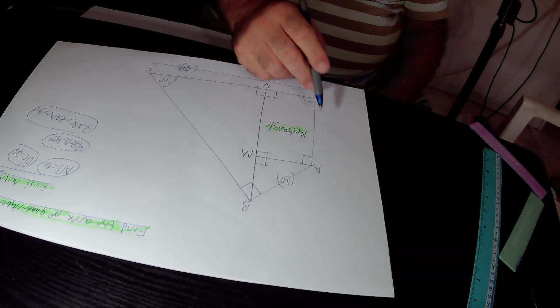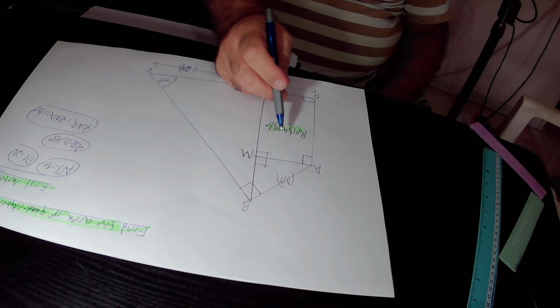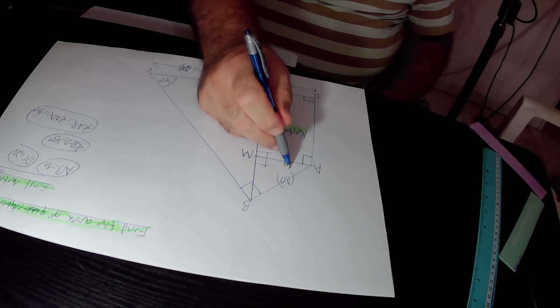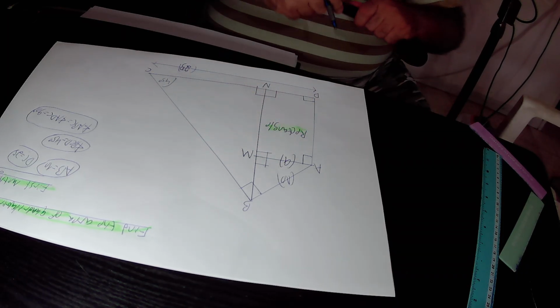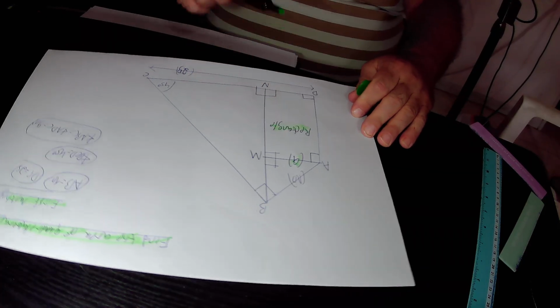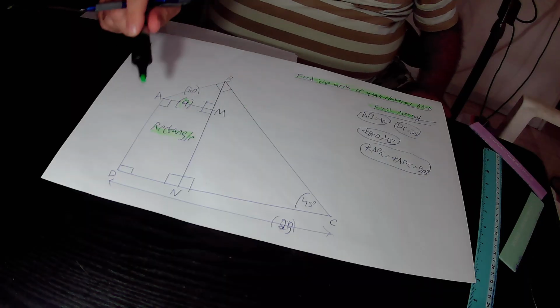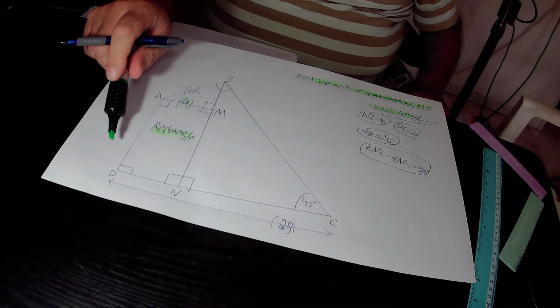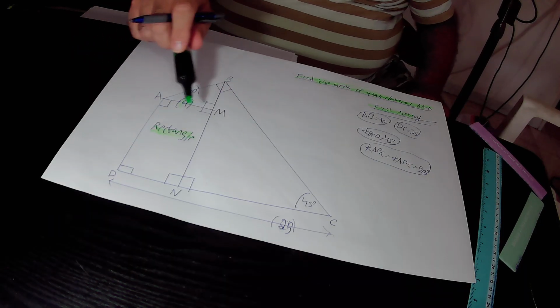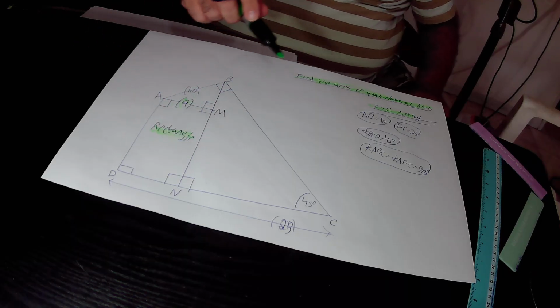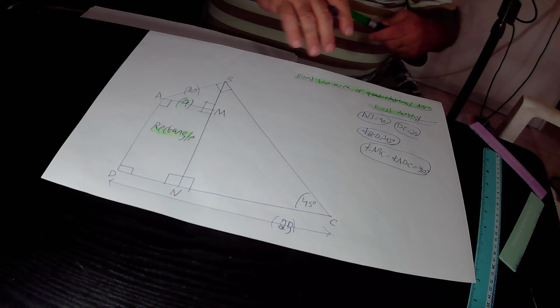We define the length of side AM as a. We know that the opposite sides of a rectangle are equal to each other. So in rectangle AMND, side AM must be equal to the opposite side DN. But AM is a, therefore the opposite side DN must also be equal to a units in length.